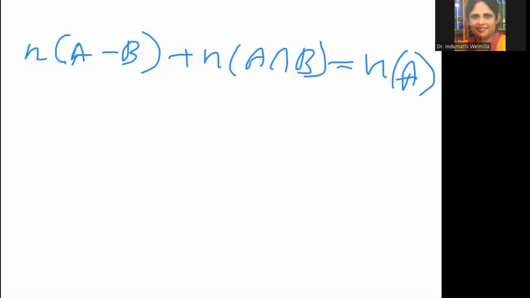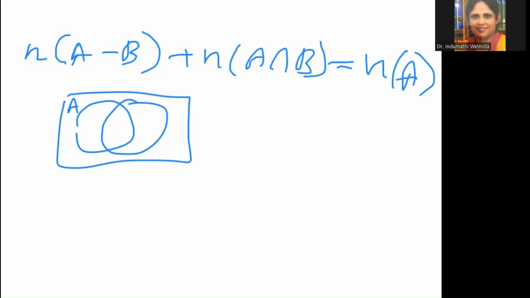When we deduct set B from A and add in A intersection B, it's also clear, right? When we put A and B this way, A minus B plus this intersection part equals this A. Okay, it is also clear.